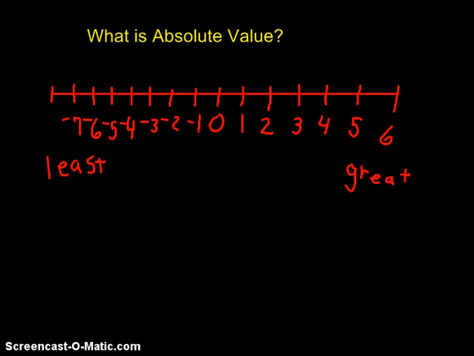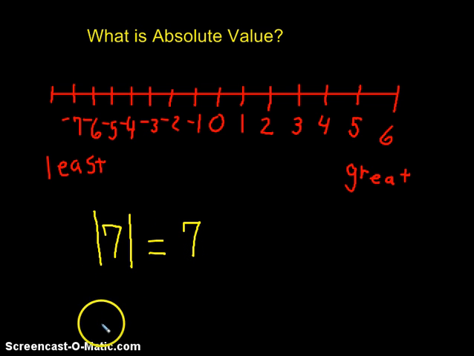The next thing that I'm going to talk about, which I mentioned before, is something called absolute value. When you see a number written inside two lines like this, it is asking you to find the absolute value. The absolute value is the distance between this number and 0. How many units away from 0 is the number 7? You would count 1, 2, 3, 4, 5, 6, 7. So the absolute value of 7 is 7 units.